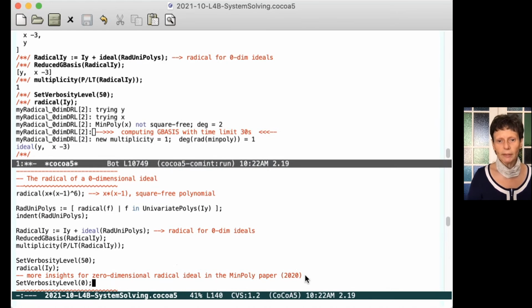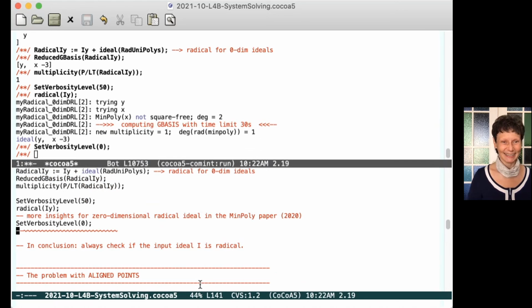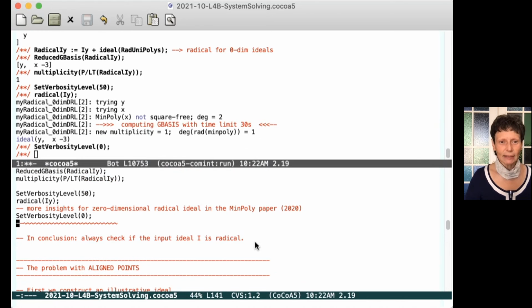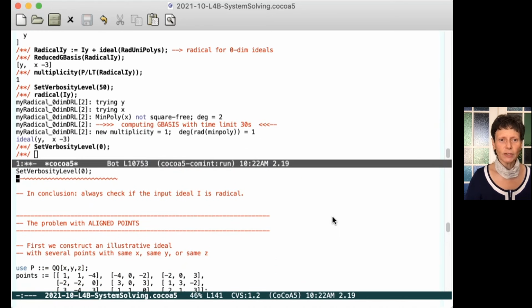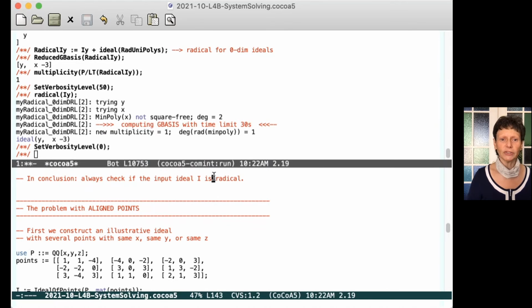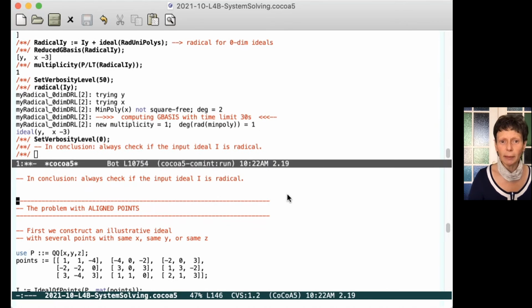If you want to know more about this, there is a paper about mean poly we wrote in 2020. We published in 2020. It was older than that. So set the verbosity back to 0. So in conclusion, always check if the input ideal is radical. If not, you compute the univariate polynomials and add the radicals to it, or you call radical from CoCoA.